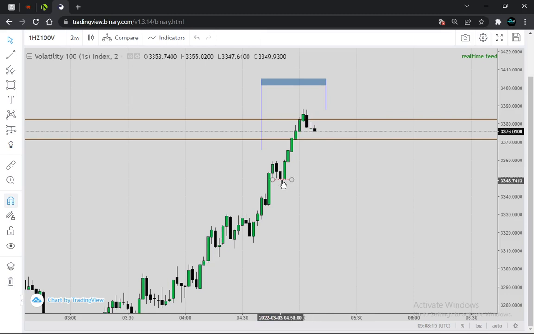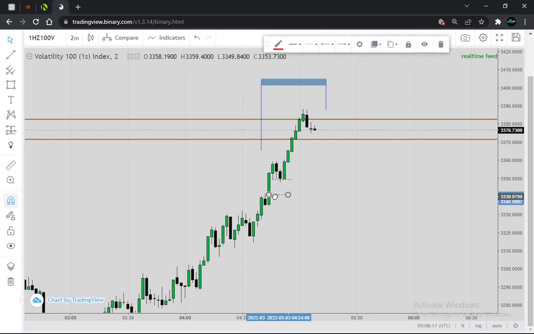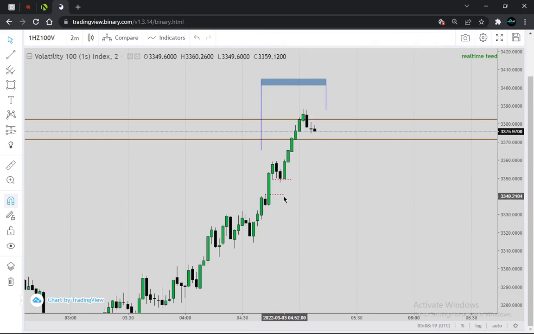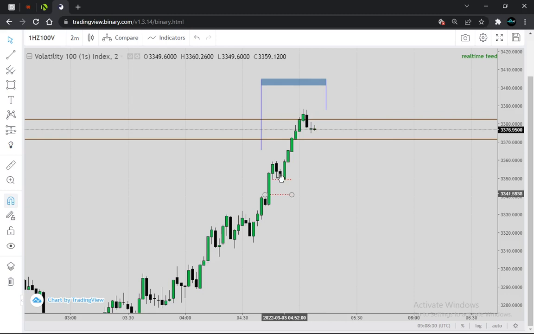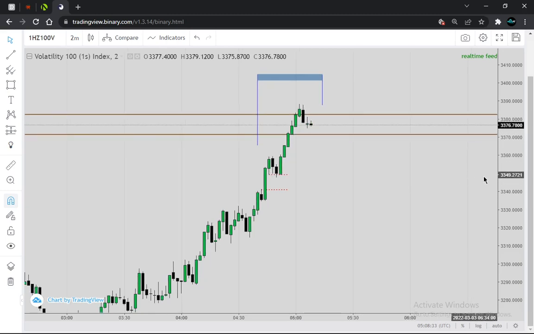Okay, got a fair value gap right there, and it was during the kill zone. When price reacted there, you can have a possible buy there. It's alright.